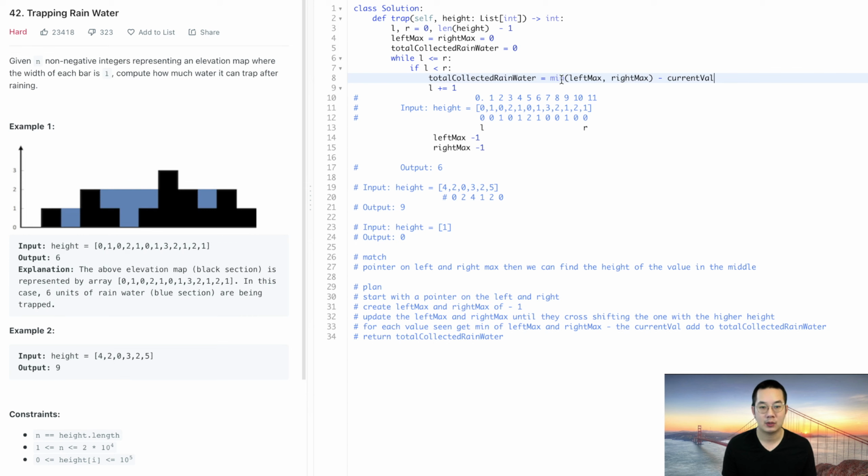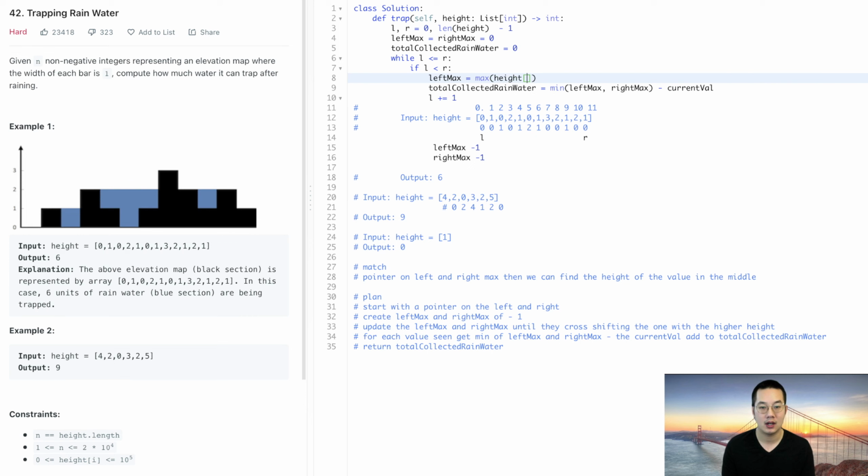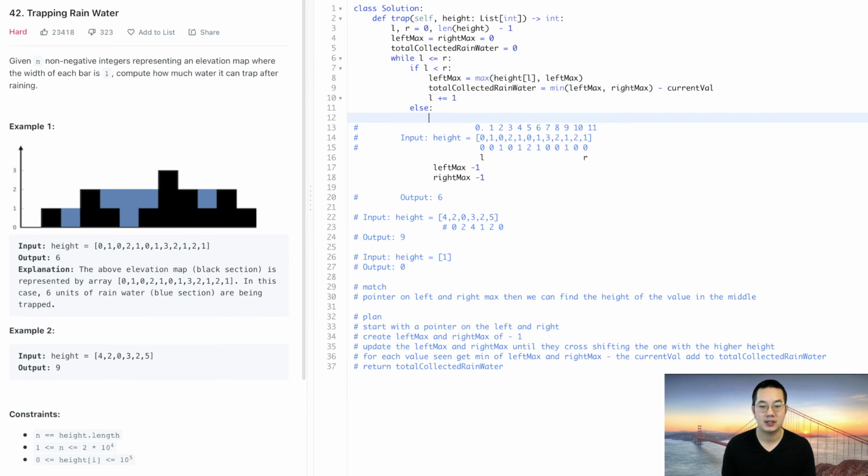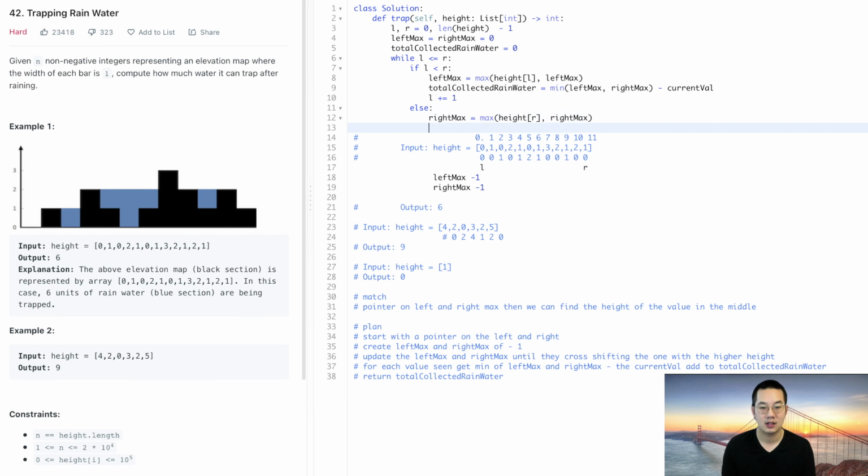One thing to note is that we have to update our left max first. So left max equals the max of this current item, which is the height of L, and left max. So that's that. With that, else, basically, right max is equal to the max of height of R, this current R, and right max. And we take the total rainwater plus equals the minimum between this maximum and the current value.